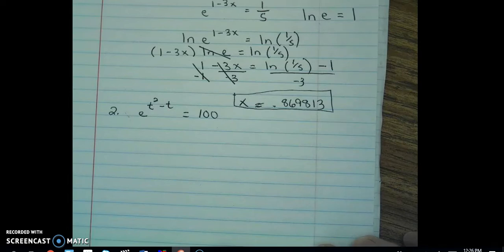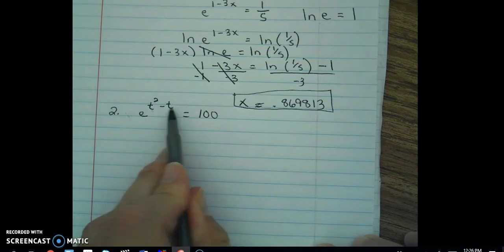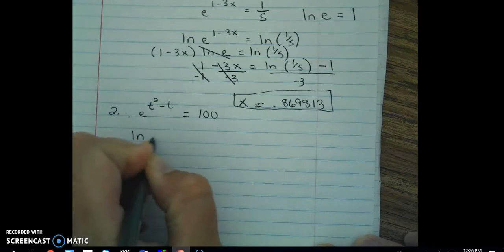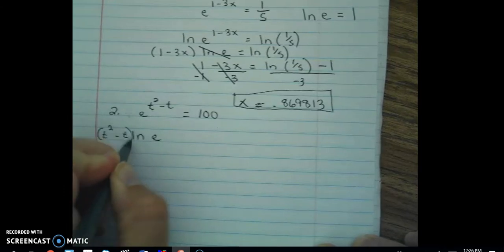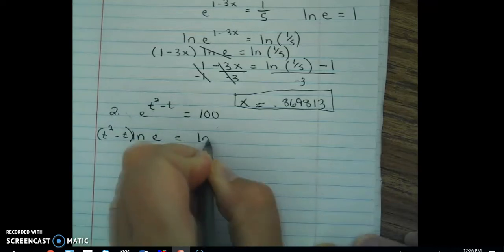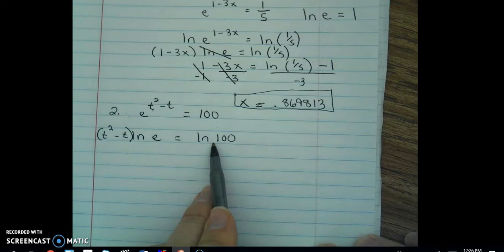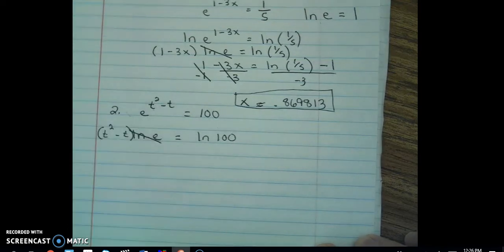Okay, so a simple way to deal with this problem is, again, we're solving for t, so we need to move that out of the exponent. So we're going to take the natural log on both sides, and I'm going to move this exponent out front. By taking the natural log on both sides, it brings the exponent out front. That makes 1.